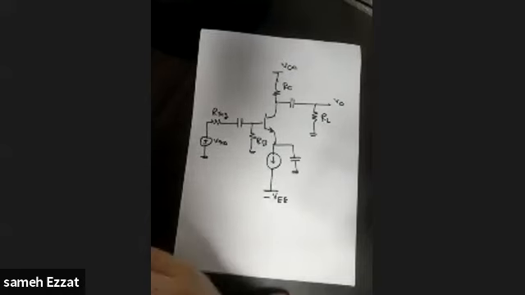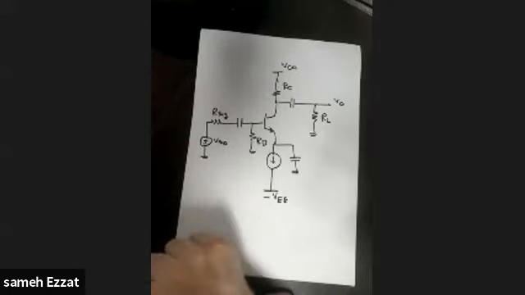If you remember, in the MOSFET lecture, I told you that whenever you have an AC MOSFET, you have to make first a DC analysis and then an AC analysis, because the AC analysis was dependent on the DC analysis. We calculated the VGS, the VDS, the ID, and we plotted the load line and detected the operating point.